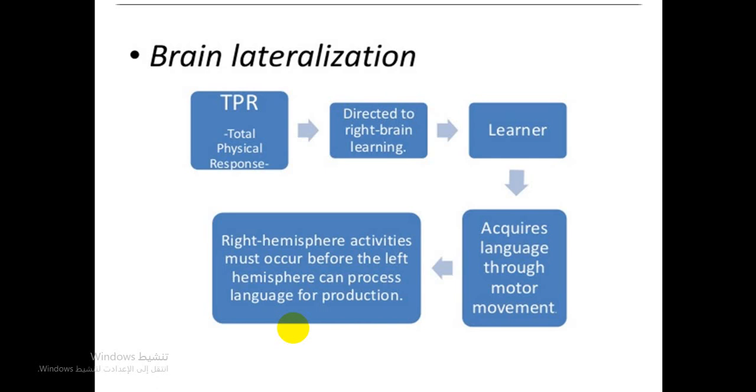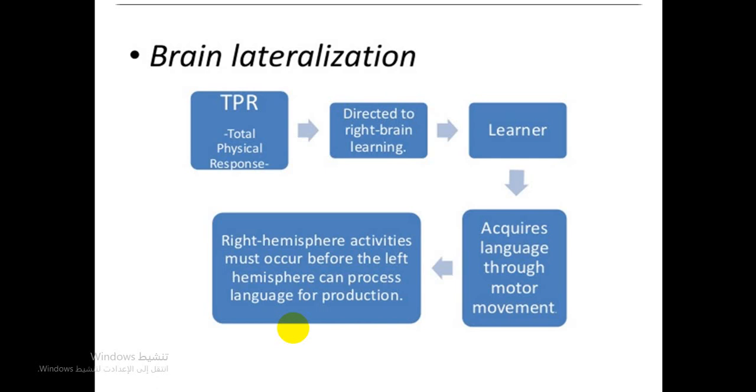Asher refers to neurological studies of the brains of cats, and studies of a boy whose corpus callosum was affected. So Asher interprets this as demonstrating that the brain is divided into hemispheres according to function, with language activities centralized in the right hemisphere.